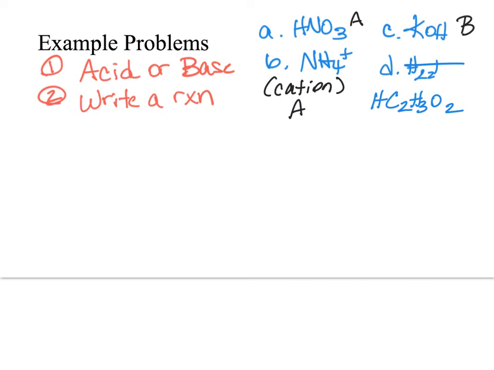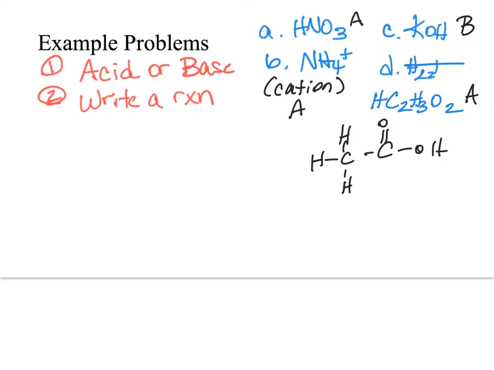And letter D, HC2H3O2. This is an acid. This is acetic acid. That's just a different way to write that. Another way you can look at it is going ahead and drawing out the compound. That's 1 carbon, and then there's another carbon. Remember that each carbon has to have 4 covalent bonds, and it helps you arrange it a little bit when you write it out like that.